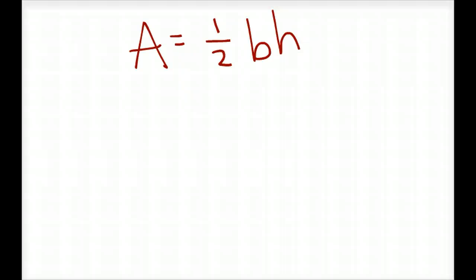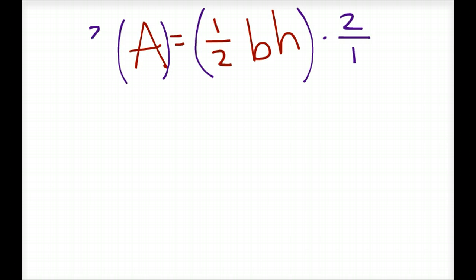In order to solve for h, we need to isolate h. So first, we need to get rid of this fraction. To get rid of 1/2, we can multiply by its reciprocal on both sides. That leaves us with 2a equals b times h.